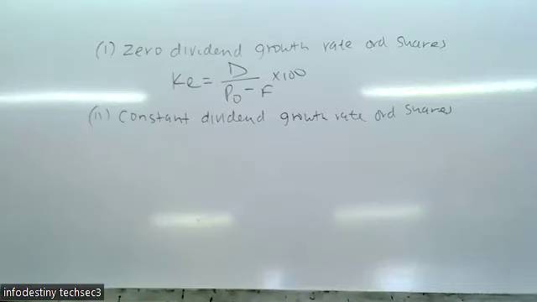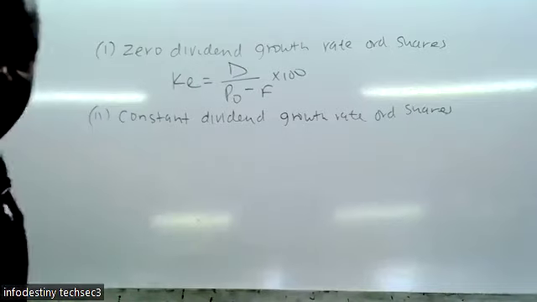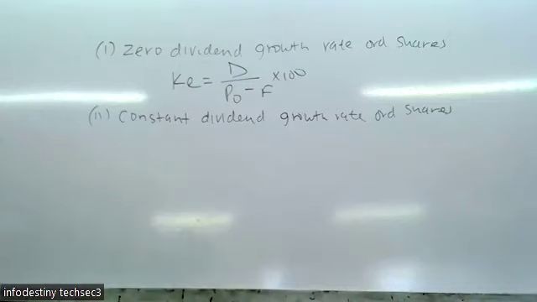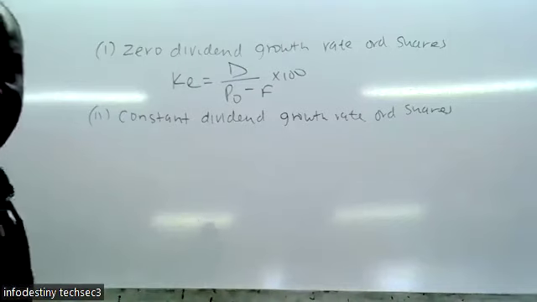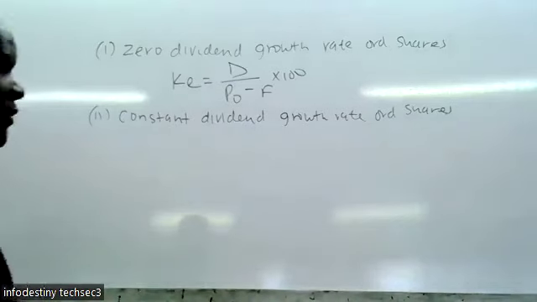Roman letter 2 is the constant dividend growth rate ordinary shares.